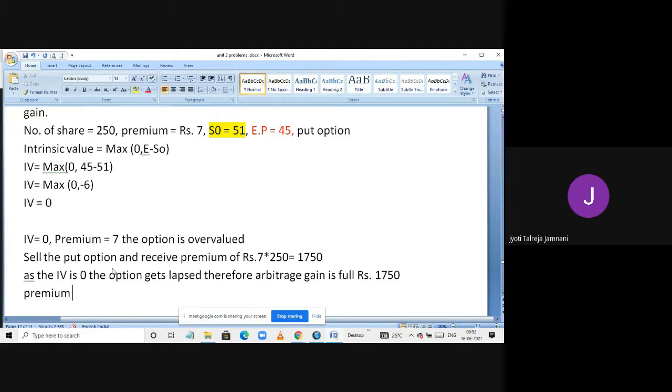As a person, if I have sold the option, I have received premium of 7 rupees on 250 shares. So my gain, arbitrage gain, is the full amount of premium, that is 1750, because Shubham is not going to exercise the option. He is not going to sell me the shares.